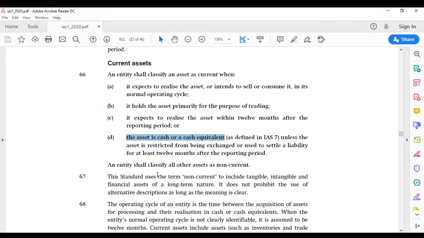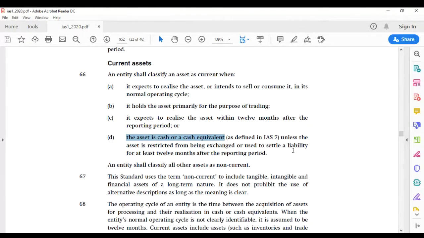So in any situation where it is cash, that is real banknotes and coins, like your petty cash or your cash float, or a cash equivalent, so a bank account, like a cash savings account or check account, or even a notice deposit or certain fixed deposits, they will all be seen as cash and cash equivalents, and they will be regarded as current assets.